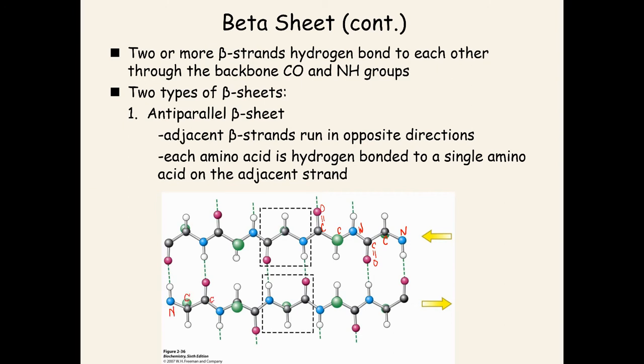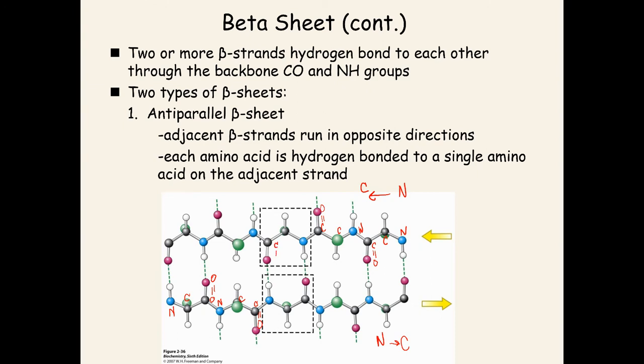N, C, C double bond O, N, C, C double bond O. Those are strands running in opposite directions, and that is said to be anti-parallel, because this one's running N to C and this one's running C to N. And what's holding them together is hydrogen bonding, right?